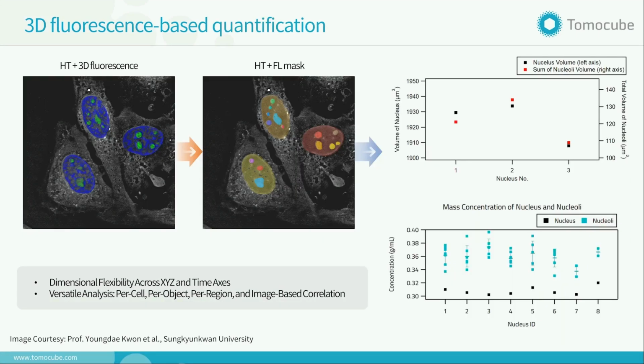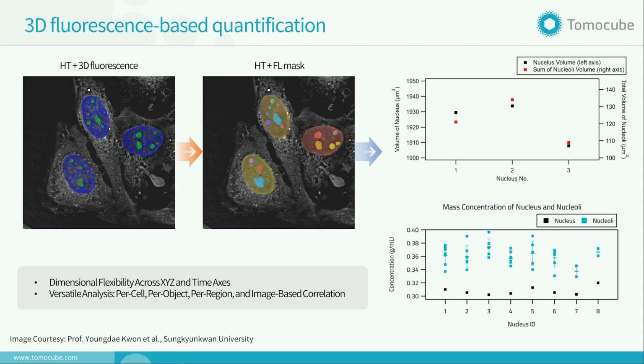Once you exploit these features, you can do various unexplored studies. So for example, in this case, if you use the correlated imaging features of our HT system, you can see overall HT images as well as the multi-channel 3D fluorescence.